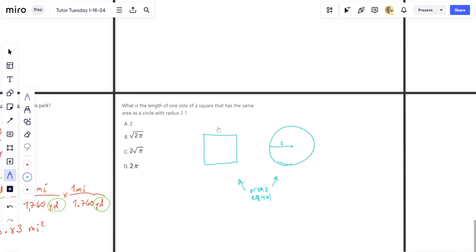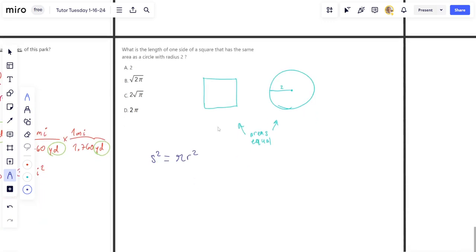Well, if I know the areas are equal, that makes it a lot simpler because then I can say the area of the square, which is side length squared, is equal to pi r squared. And we already know the radius as well, right? Radius is 2. So s squared is equal to pi times 2 squared.